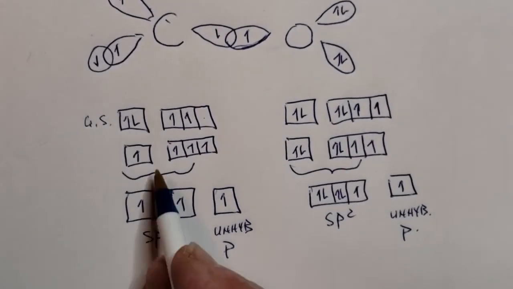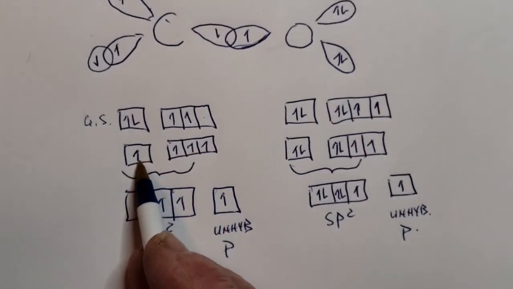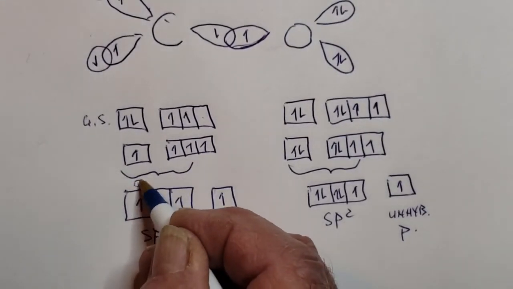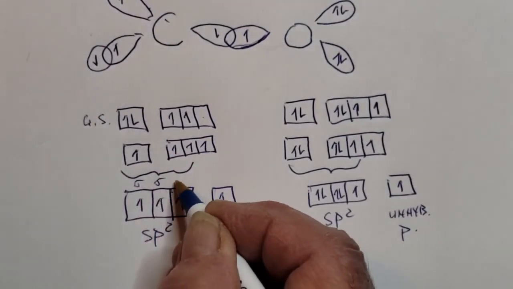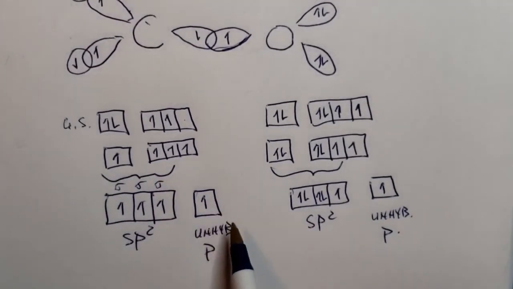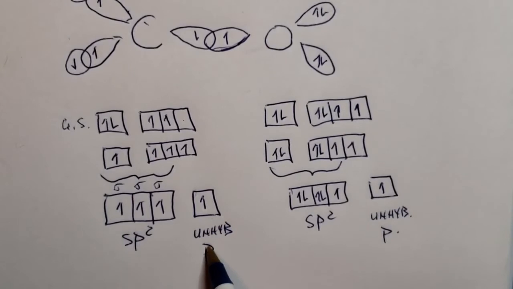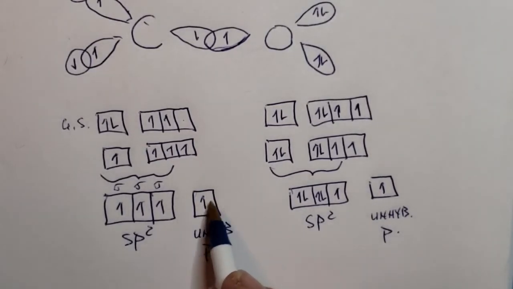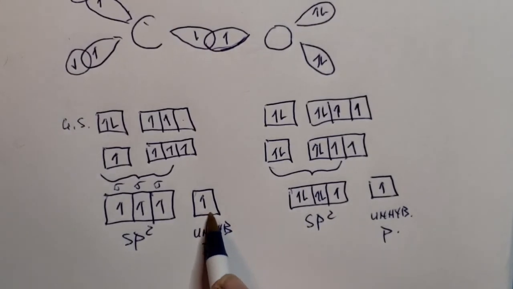So we called them the sp2 hybrids because we're only using the s box and 2 of the p's. So here are the sigma bonds to the 2 hydrogens, and here's the sigma bond to the oxygen. But look at what happened. In this case, the unhybridized leftover p orbitals, which for all of our other examples were vacant, didn't have any electrons left over. This time we've got an electron there.